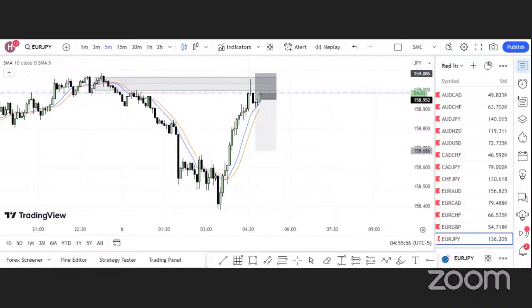But let's just give it a chance. Let's give it a chance. So once we get a confirmation, we'll take the entry, and then I'll give you guys the stop loss and my take profit.